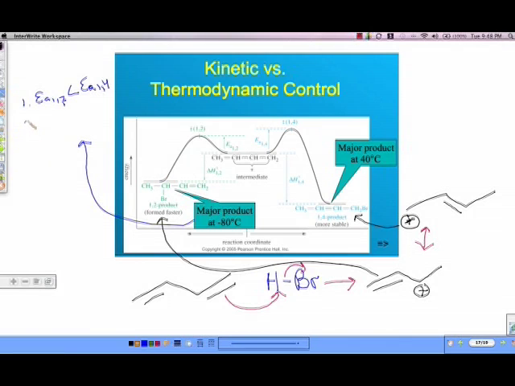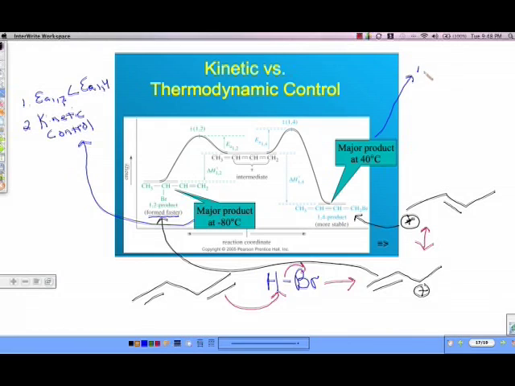We call this kinetic control. And the reason we call it kinetic control is because, like it says right here, this product just forms faster because you have a smaller hill. But we notice at 40 degrees Celsius, things kind of change. Now, why are we getting 1,4 as the major product?